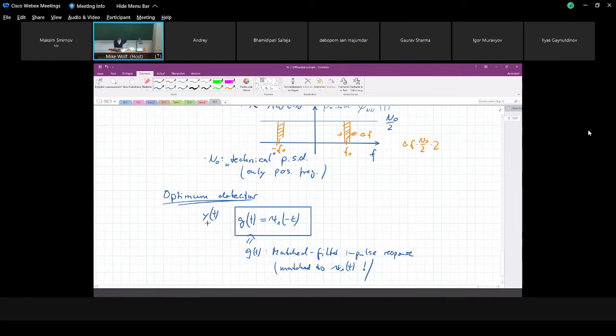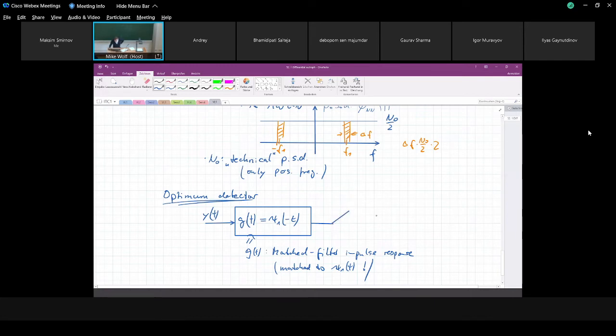The matched filter. And what comes out needs to be sampled, and we know, of course, the sampling interval, so this should be a sampling device.